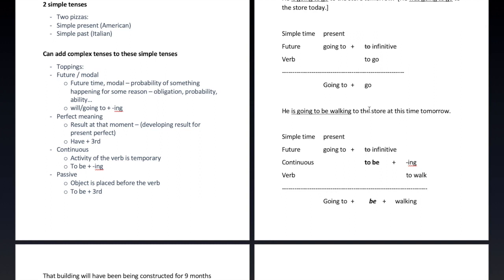But essentially we have a moment in time, which is at this time tomorrow, and we have a temporary activity at that future moment. So we have both meanings in here. We have the meaning that this is something in the future, and we have the meaning that there's a temporary activity at a moment in the future.